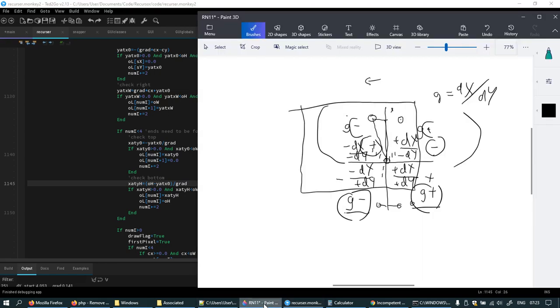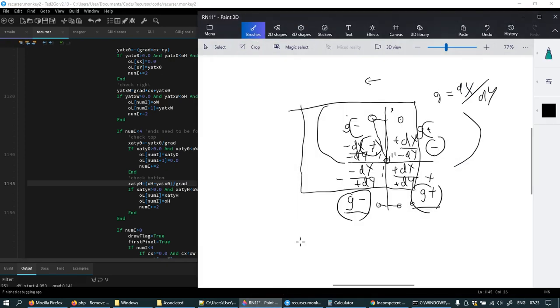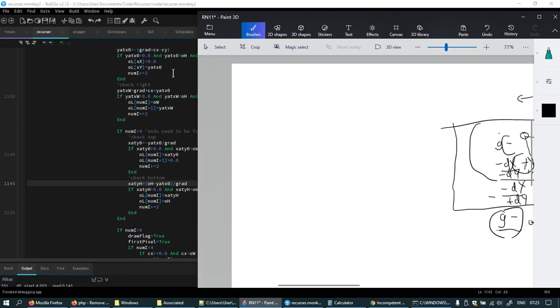Can I be bothered drawing something out? I'm probably going to have to. Y equals, yeah, I'm just going to write it out. And it's not very hard, is it? Y equals mx plus c, and I'm solving here for x.